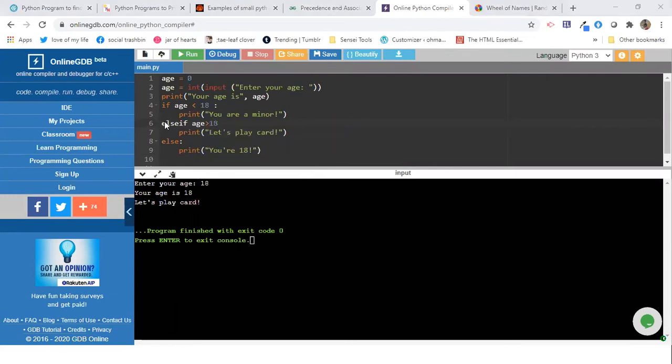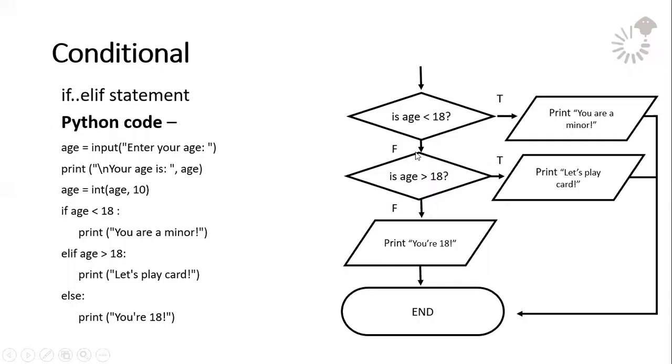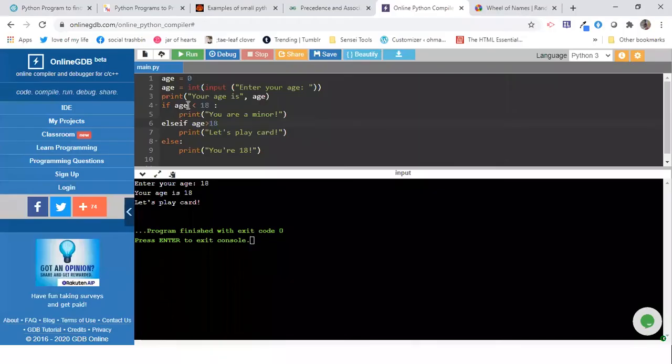Yun yung question niya dun sa flowchart. First condition, age less than 18. Second condition, age greater than 18. Kapag less than 18, print you are minor. Kapag greater than 18, true, let's play card. Pag false, print you are 18. Okay?